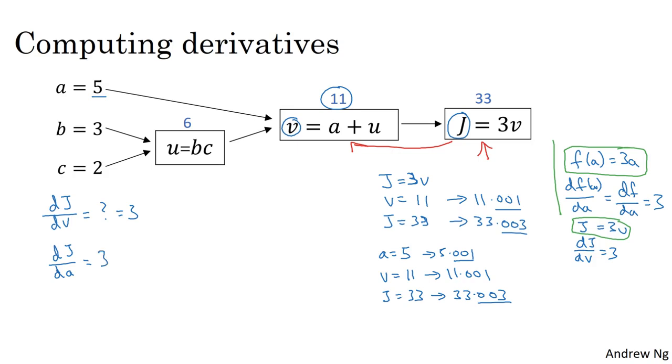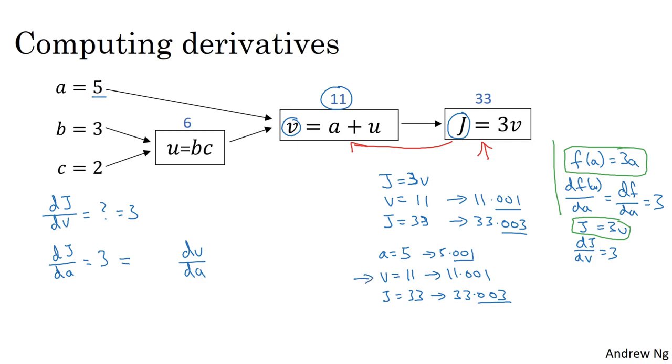And so the increase to j is 3 times the increase to a, so that means this derivative is equal to 3. And one way to break this down is to say that if you change a, then that would change v, and through changing v, that would change j. And so the net change to the value of j when you nudge the value of a up a little bit is that first, by changing a, you end up increasing v.